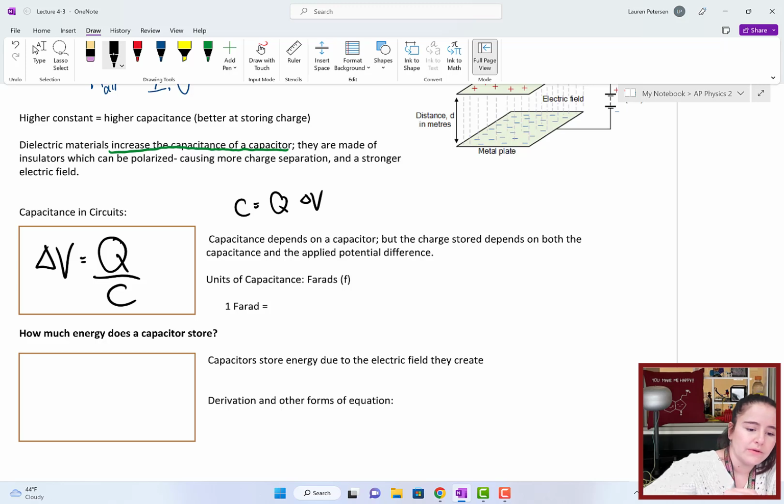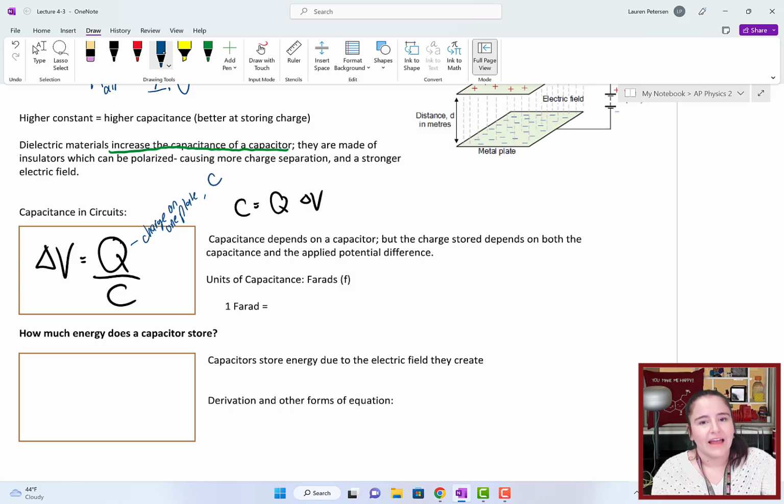When we use this equation, obviously the charge on one plate is going to be positive and the charge on the other plate is going to be negative. So if you took the total charge, it would just add up and cancel each other out and be 0. So when we use this equation, Q is going to be the charge on one plate in coulombs.